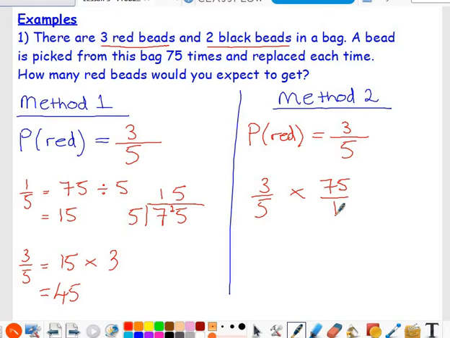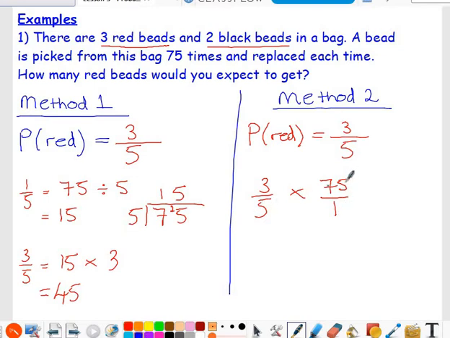and now we can go about this as multiplying fractions or cross-cancelling. So looking for cross-cancels first of all, or any simplifies. So vertically 3 and 5, there isn't a number bigger than 1 that goes into these, so it's in its simplest form. Same this side, 75 and 1, there isn't a number bigger than 1 that goes into these.